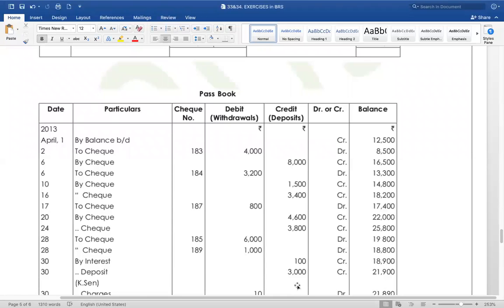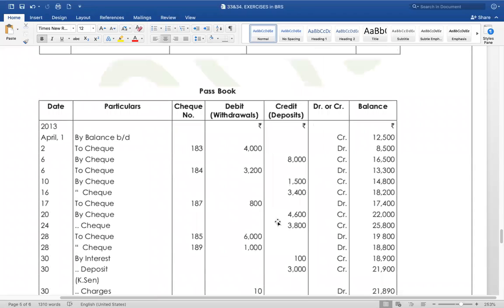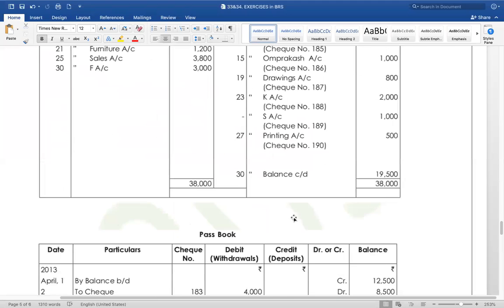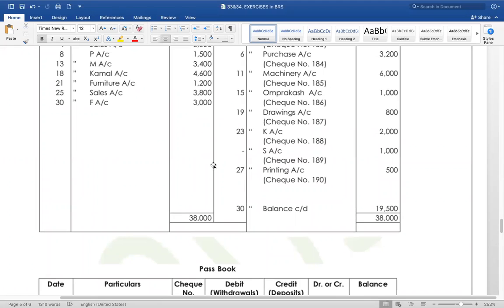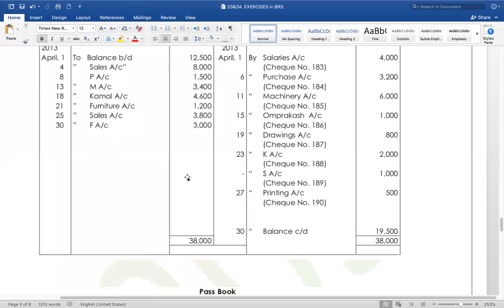So 3,000, which is supposed to be appearing on the debit side of the cash book, is not appearing. One item of 3,000 in respect to F account is supposed to appear in the credit side of the passbook. It is not appearing in the credit side of the passbook. But this 3,000 is different. Similarly, this 3,000 is different. This is not here, and this is not here. Simple. Okay, so 3,000 and this 1,200 are not appearing.